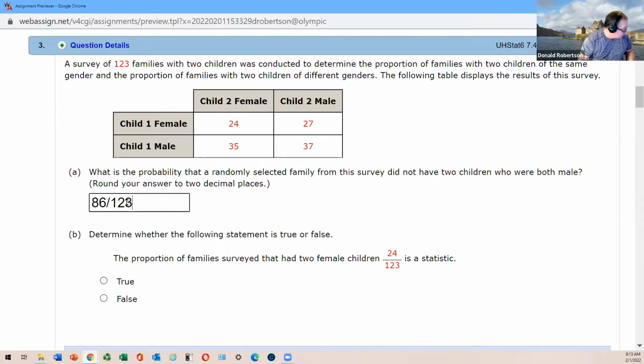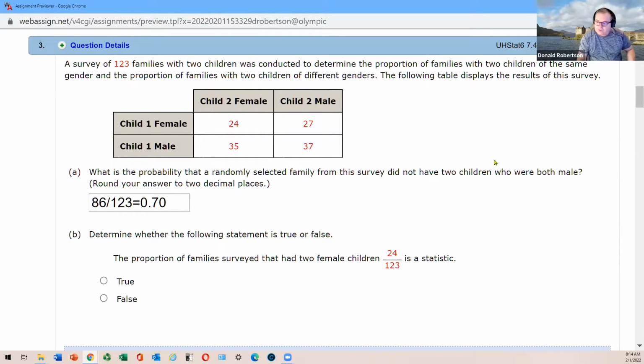And I get, what do they want here? 2 decimal places. Well, when I rounded it off, I get that. So are you comfortable that they're talking about these two and that one? And that's where the 86 came from, divided by the total number.